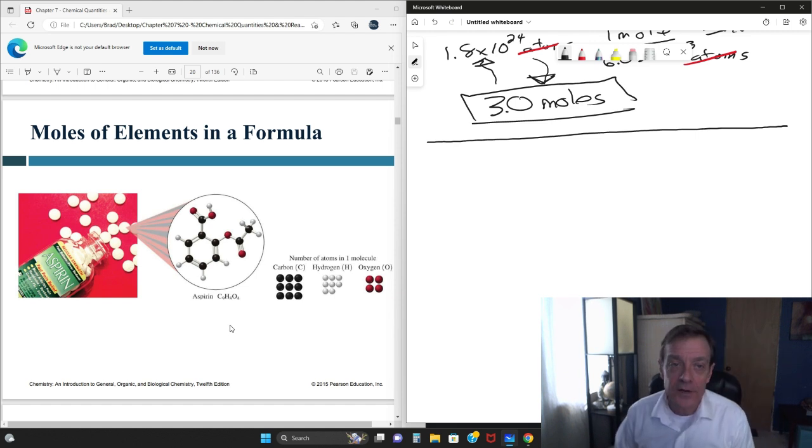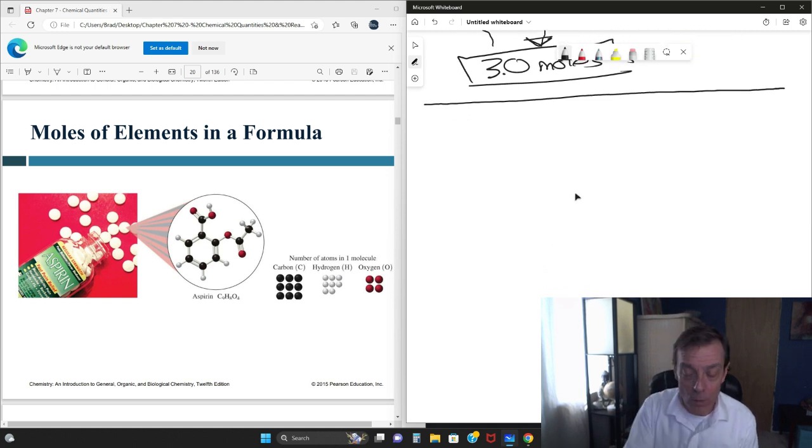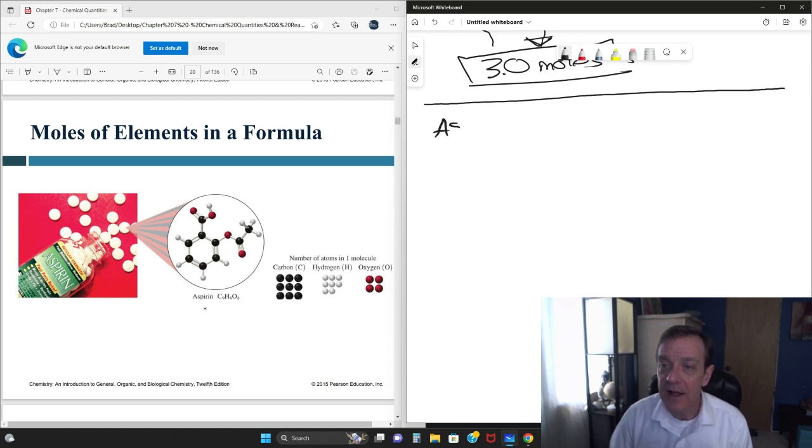Okay, so moles of elements in a formula. Now we're going to return to the idea of why I asked how many hydrogen molecules there are in a mole of water. Now we're going to get to apply that. So we're going to look at aspirin, ASA, acetylsalicylic acid, which has the formula C9H8O4.